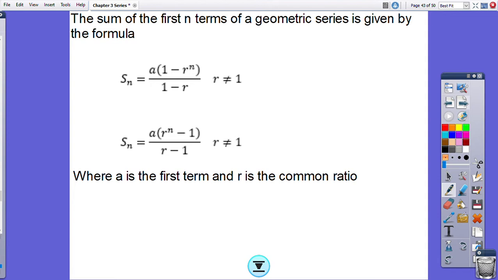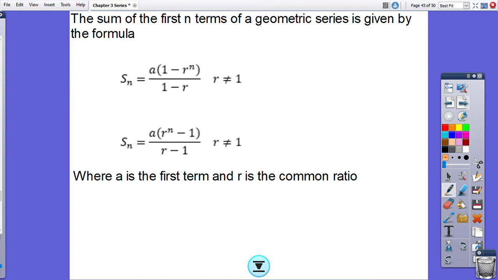Now we have two different formulae, and they both work, but as a rule of thumb, we use the top formula if our value of r is less than 1, so that the geometric sequence is decreasing, and if r is greater than 1, then we use the bottom formula.